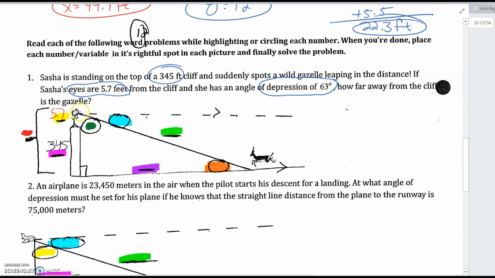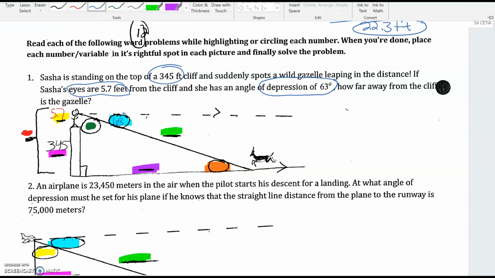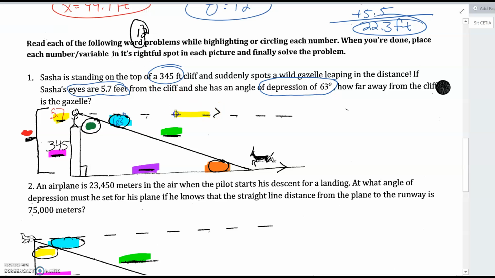Angle of depression, again, eyes looking down, would be 63 here, which then, since these are parallel, would transfer because I have the Z here. That would actually jump down to here. I know, lots of colors going on here. All right, but now I actually have a right triangle with a bunch of numbers.